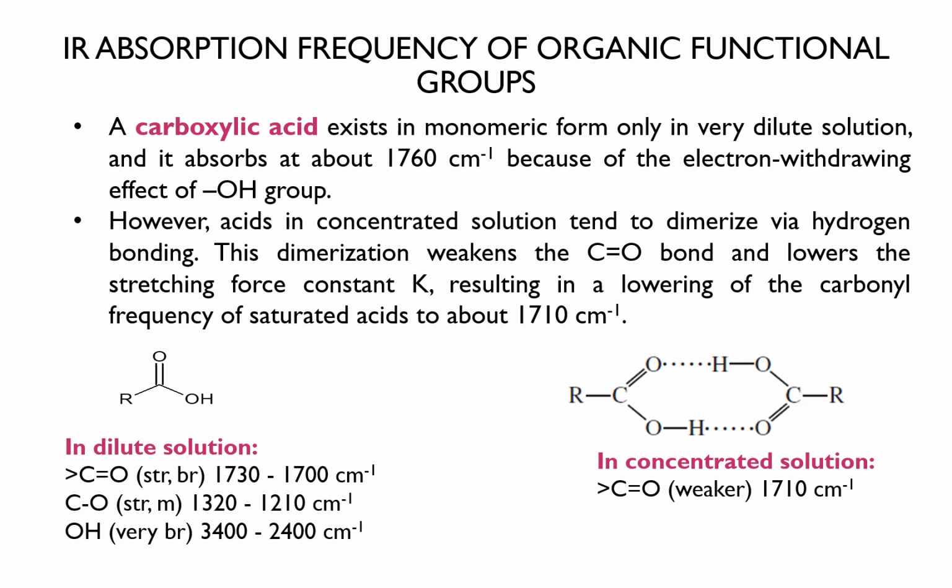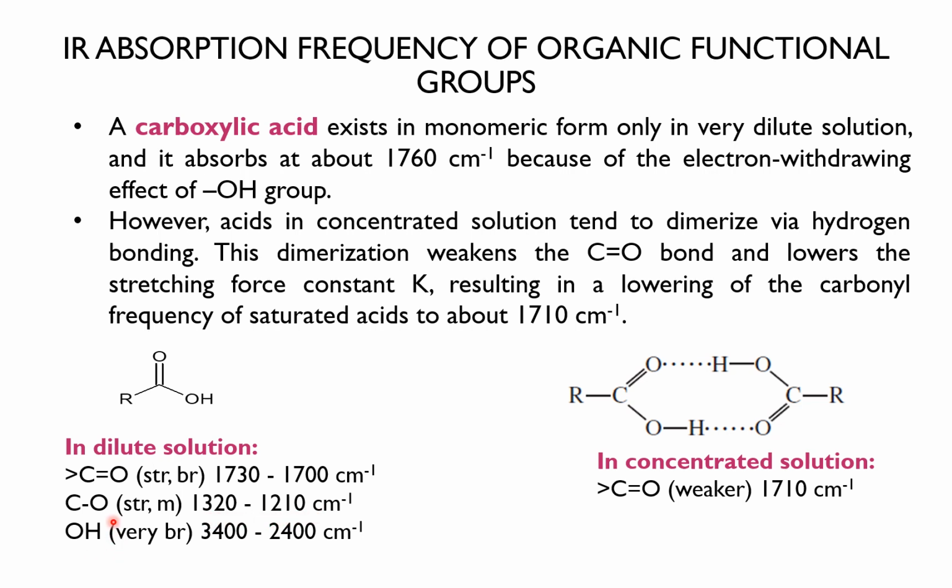Carboxylic acid generally exists in monomeric form if the solution is very dilute. So in dilute solution, we will get a carbonyl stretching frequency which is a very broad band in the range of 1730 to 1700 centimeter inverse. We get the carbon oxygen single bond stretching vibration, which is a medium band between 1320 to 1210 centimeter inverse.